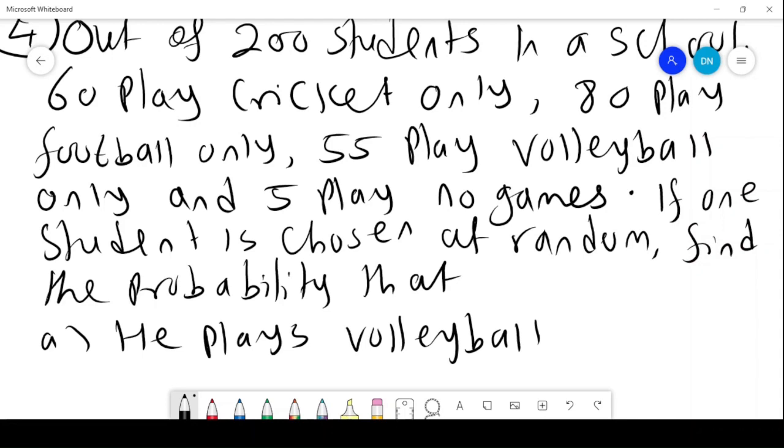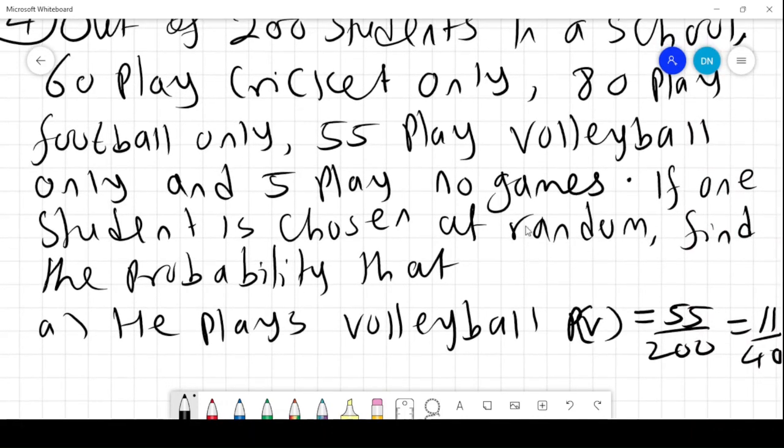So one student is picked at random. What is the probability that he plays volleyball? Therefore, probability of volleyball should be the number that play volleyball, and we can see that they are 55 divided by 200, which is 11 over 40. So that is the probability that a student plays volleyball in the school.